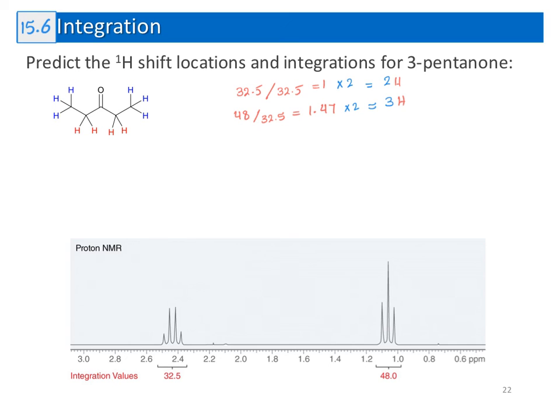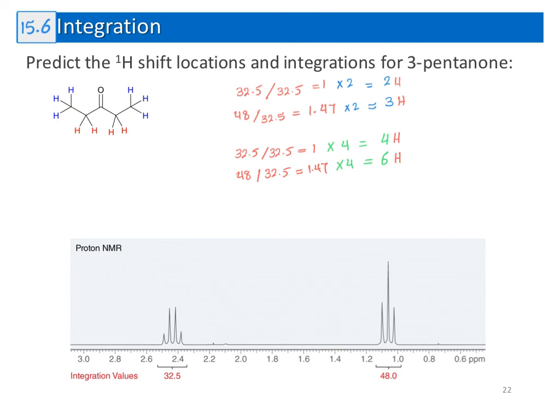So what we need to do, instead of multiplying by 2, so I'm going to rewrite all of these again. Instead of multiplying by 2, we need to multiply by 4. So we are going to get 4 hydrogens and 6 hydrogens here.